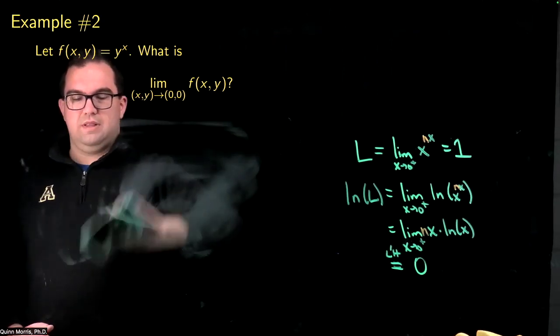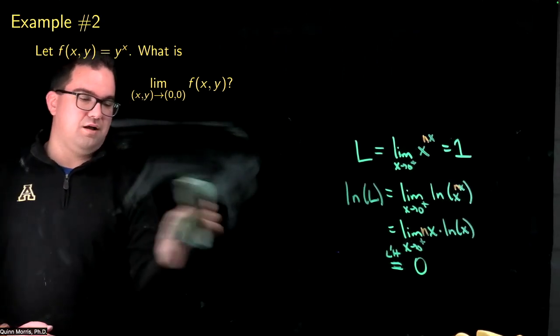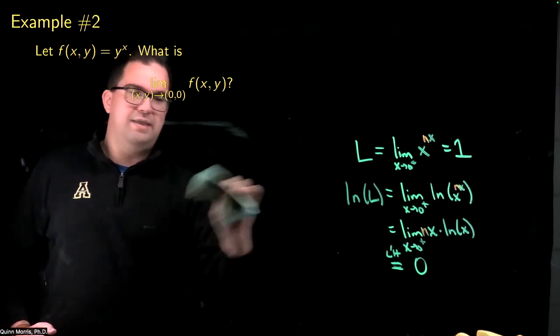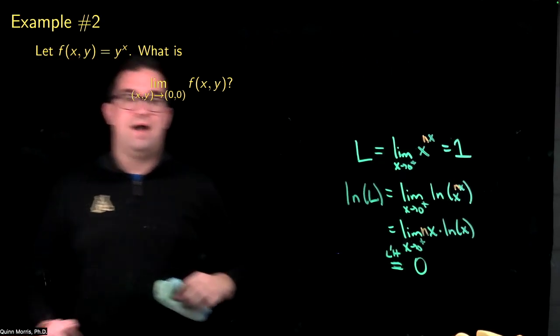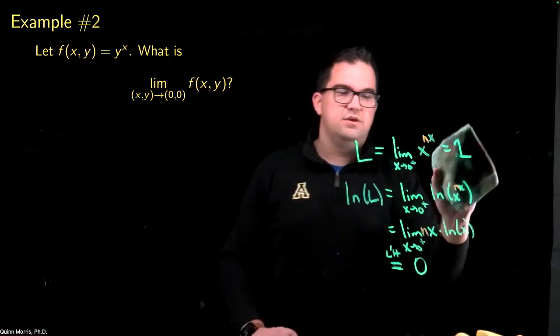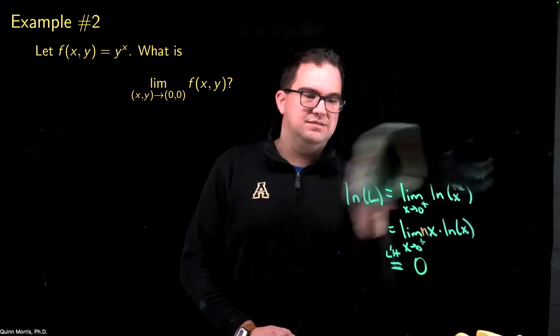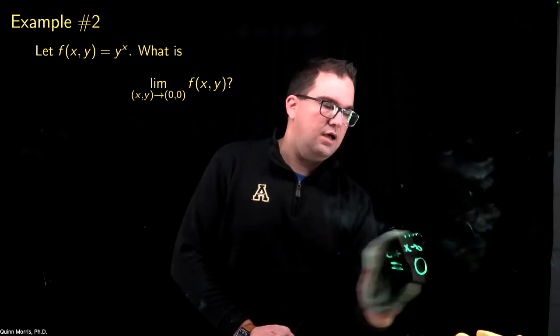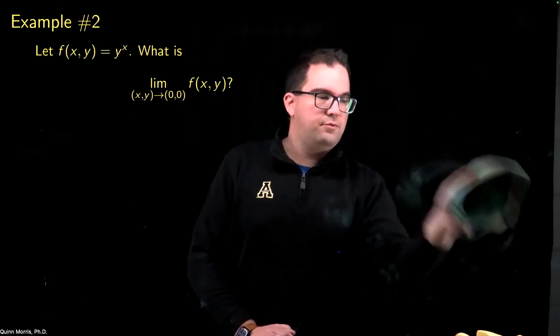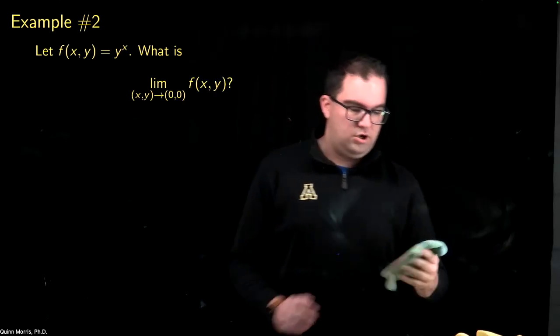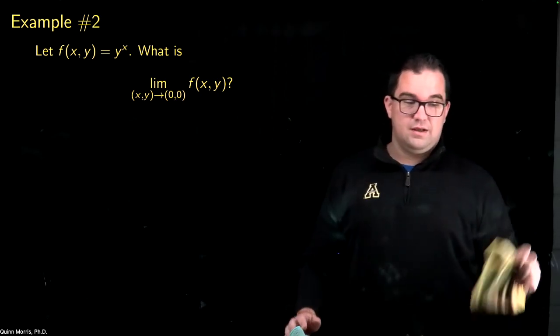Certainly, there's no finite collection of paths, unless you made some ridiculously restrictive assumptions about how your function f could behave, that would allow you to do that. It's possible to come up with results where you can look along some infinite collection of paths.